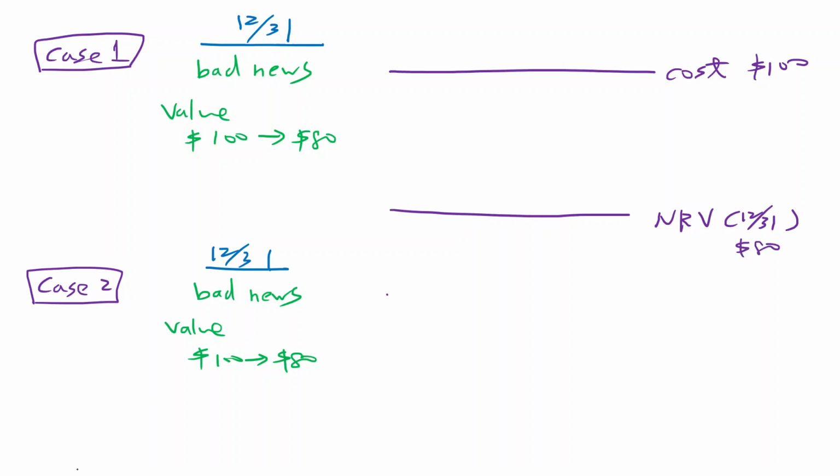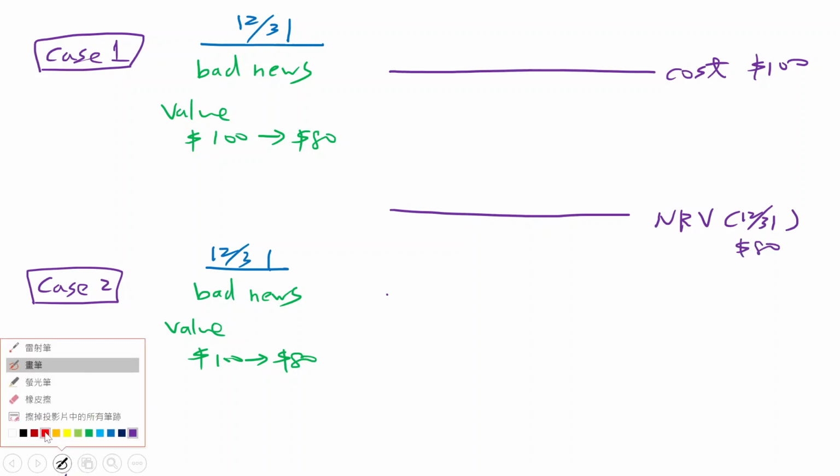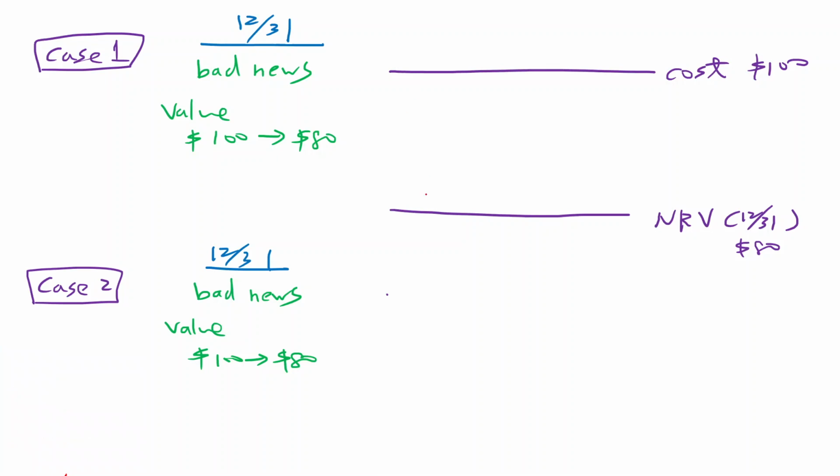So what should we do? We have to recognize that we have a value decrease of 20. So this is my loss, 20. So case 1 and case 2 are the same.